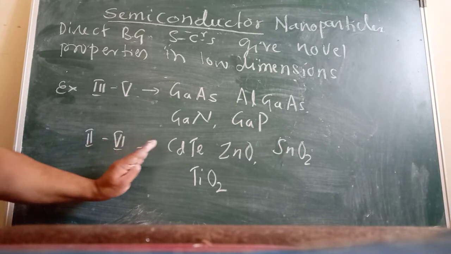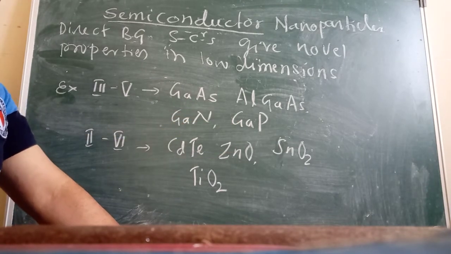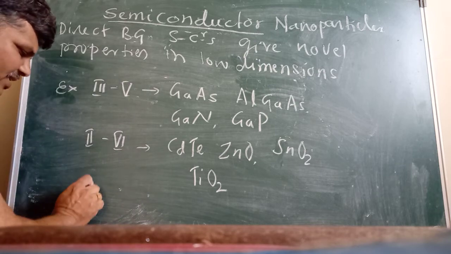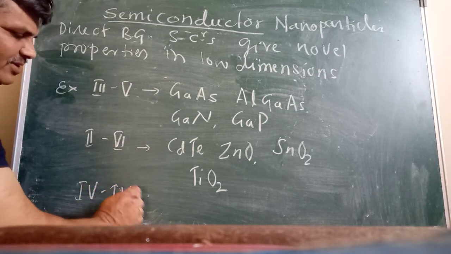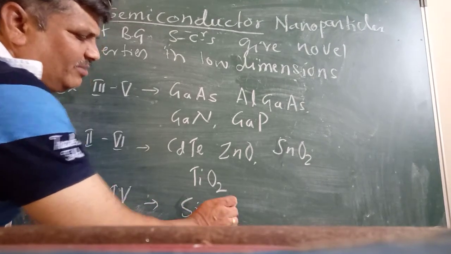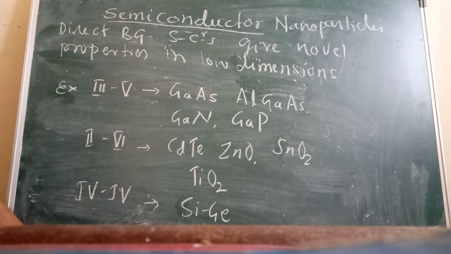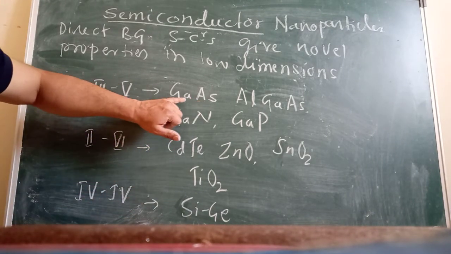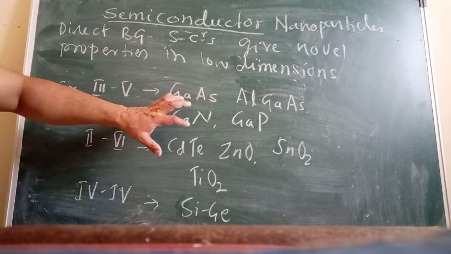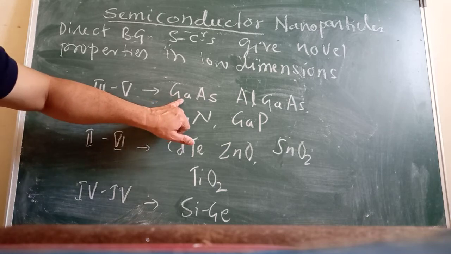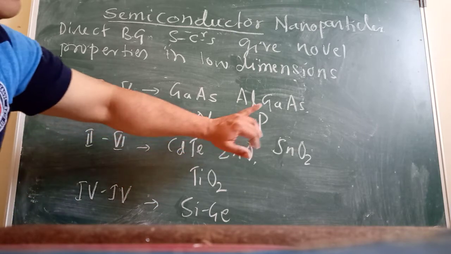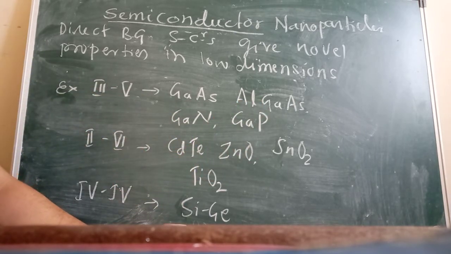So these are different examples of 2-6 semiconductors. Another one is IV and IV, where silicon and germanium are doped with each other. The characteristics of the semiconductor depend upon the concentration at which gallium and arsenic are added, or gallium and nitrogen, gallium and phosphorus.